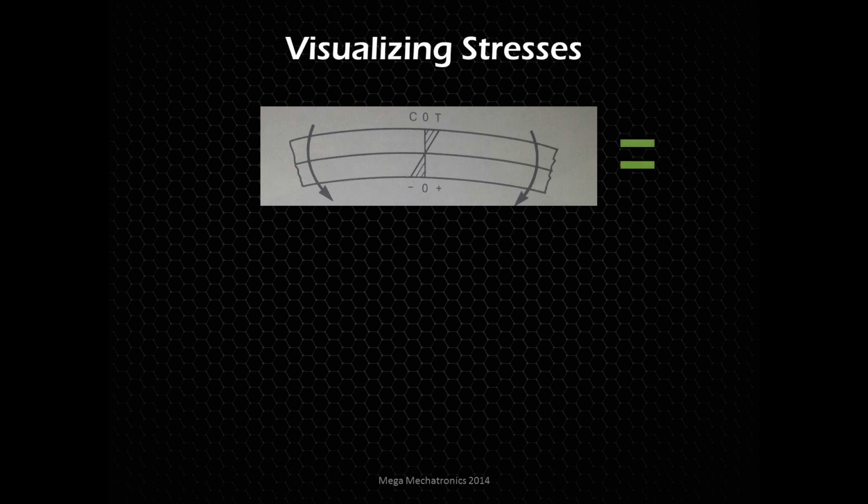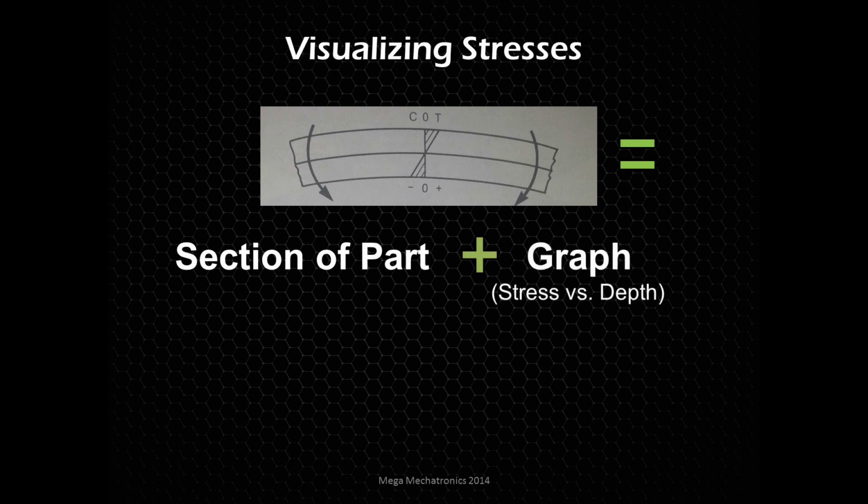This is the section of a part, so physically how that part looks, plus a graph that's integrated into it, a physical layout of the graph within the physical layout. So the graph actually corresponds to the physical shape of the part.